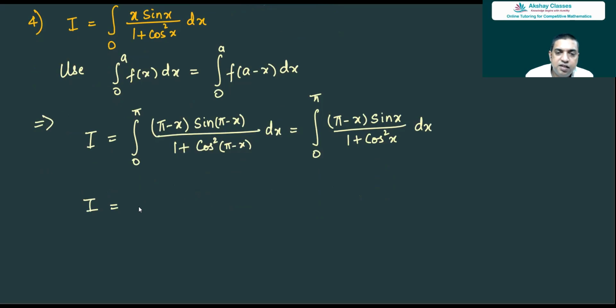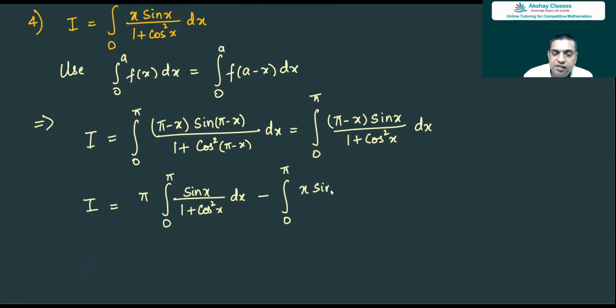So I is equal to pi times integral 0 to pi sine x by 1 plus cos square x dx minus integral 0 to pi x sine x by 1 plus cos square x.